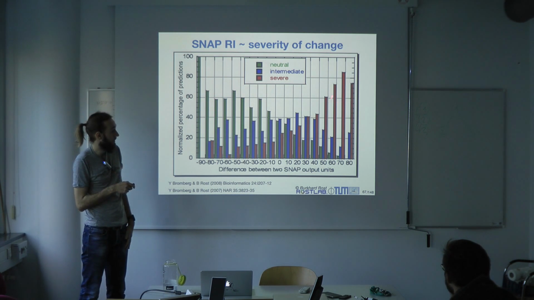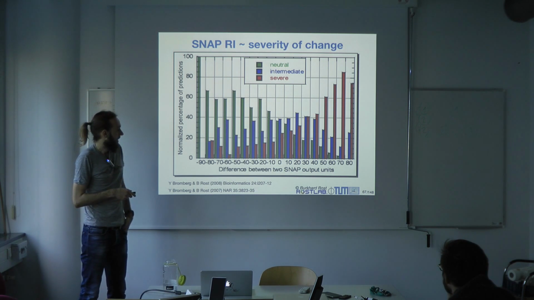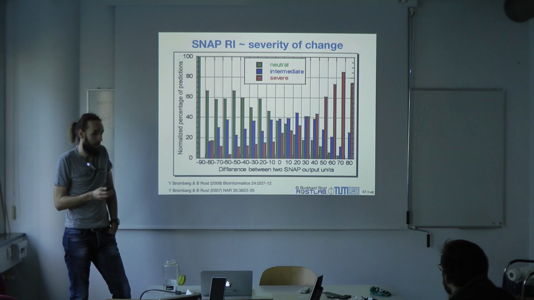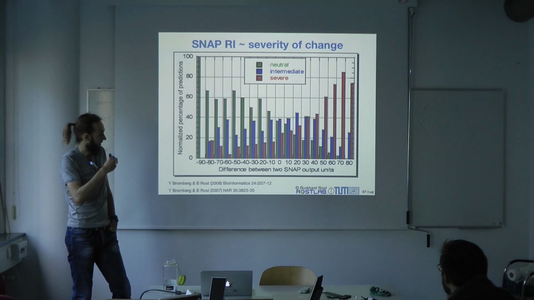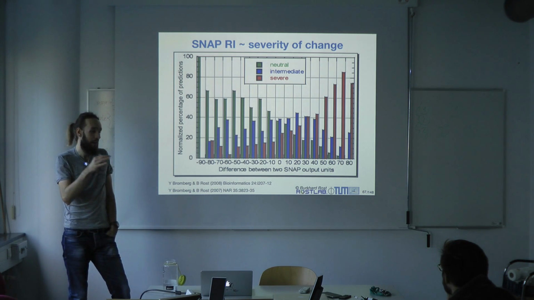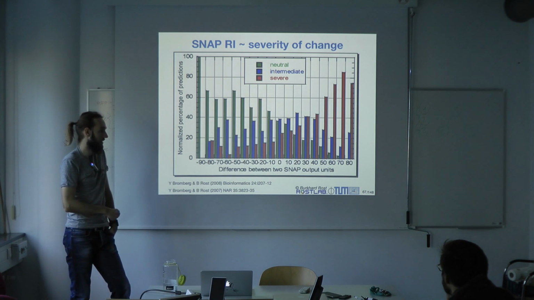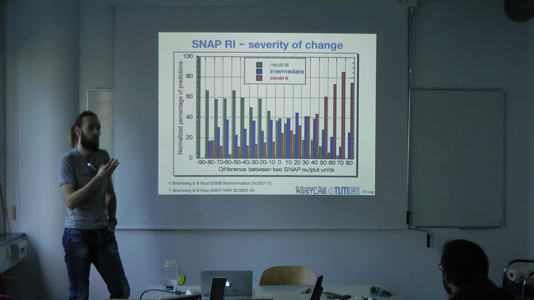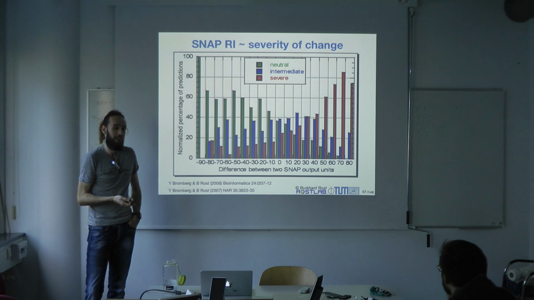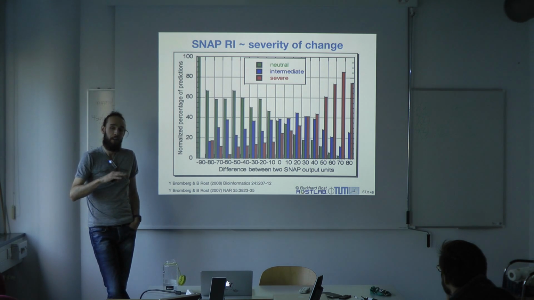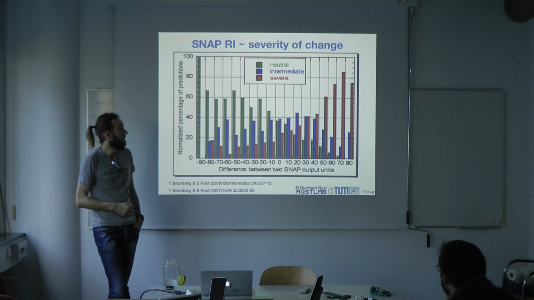The effect variants cluster up here, and the ones in between are actually in between. So essentially the strength of the effect correlates with the output score from SNAP. So not only does it predict effect or neutral, it also sees a certain signal of how strong the effect of a variant is, and the stronger the effect, the higher the score tends to be.